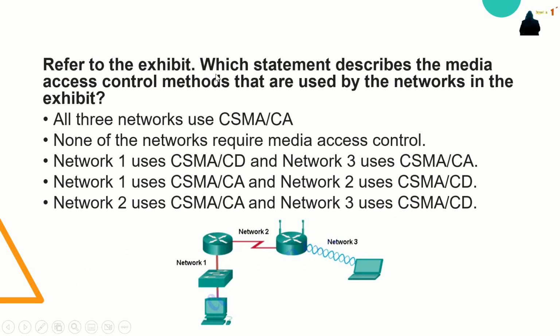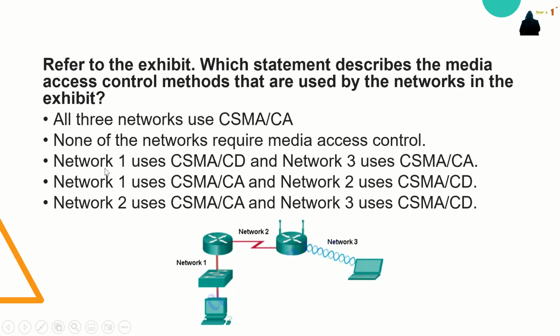Refer to the exhibit. Which statement describes the media access control methods that are used by the networks in the exhibit? All three networks use CSMA/CA? That is not true. None of the networks require media access control? No, it's not true.